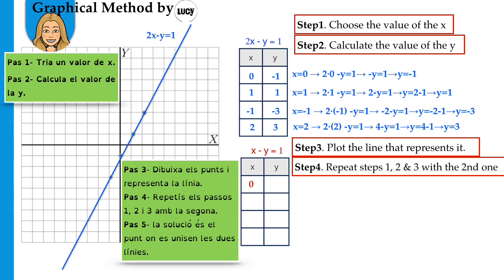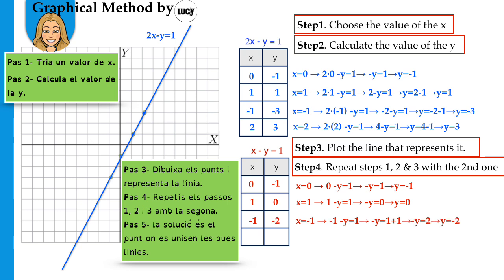We choose the value of x and put the values into the second equation to calculate the value of y. Now we plot the second equation on the coordinate plane.